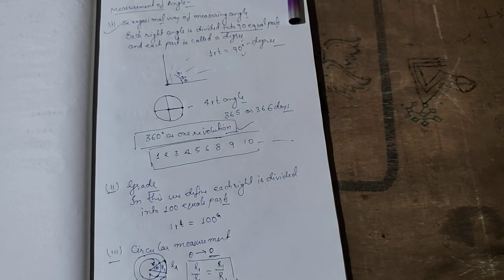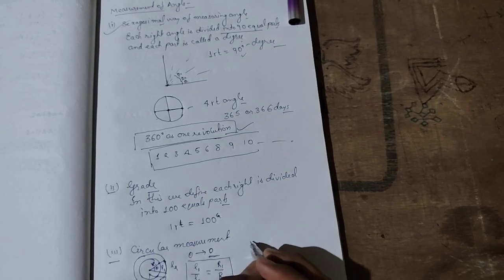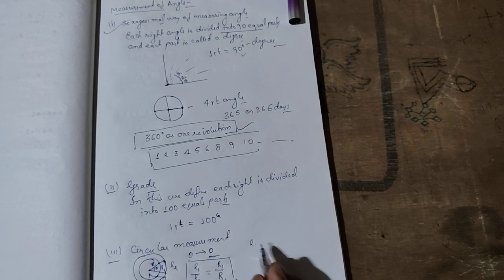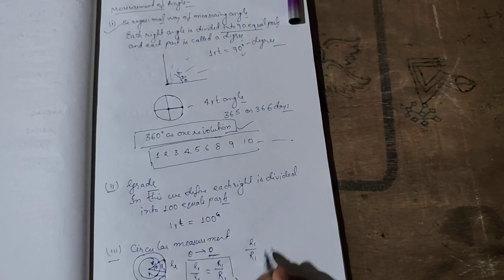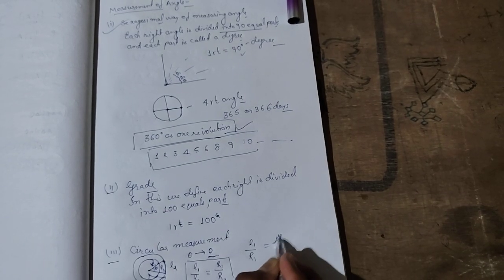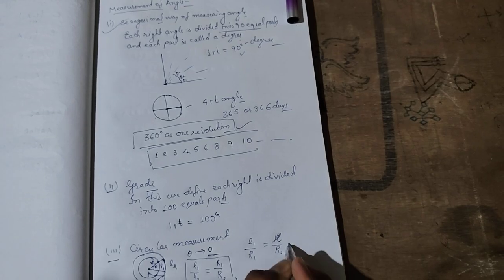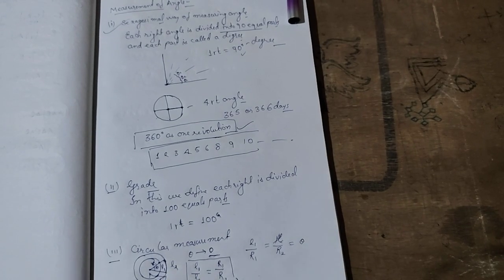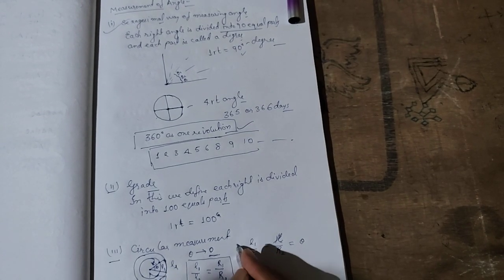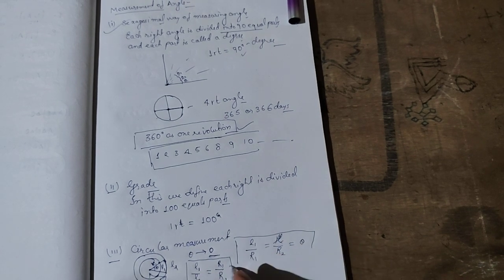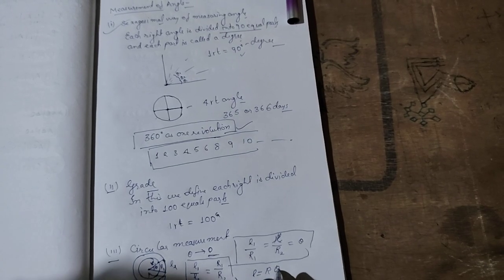It can also be written as L1 by R1 is equal to L2 by R2, and we can call that theta. So we get L is equal to R theta.